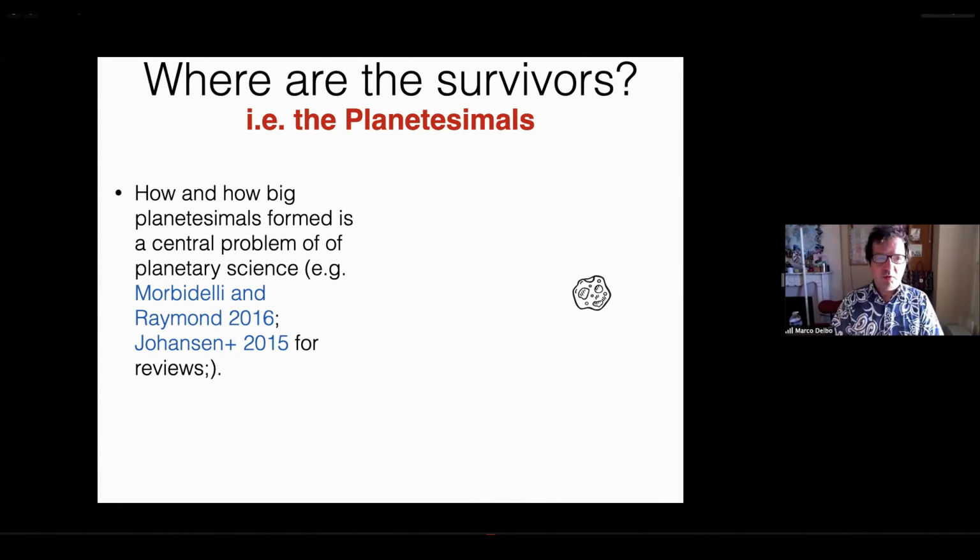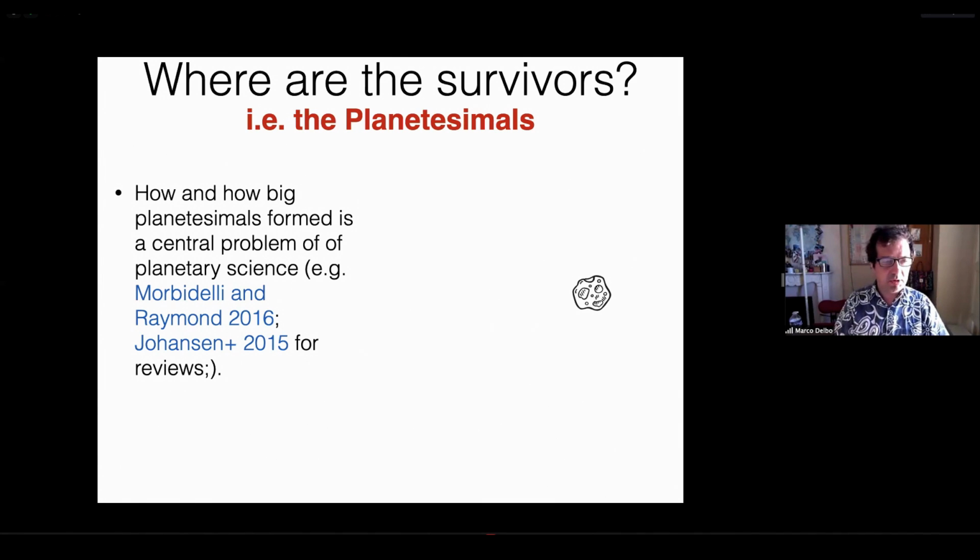So it would be amazing if we could find the survivors, because if we can locate the original planetesimals, getting rid of all the asteroids that are family members created after by collisions, we could actually get an idea of the original size distribution of these planetesimals, which is a tremendously important constraint for planetary formation models.